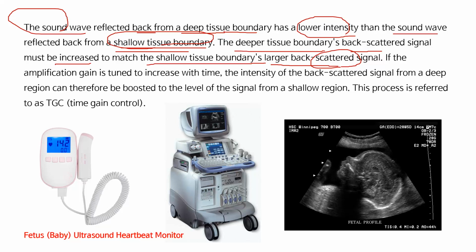If the amplification gain is tuned to increase with time, the intensity of the backscattered signal from the deep region can therefore be boosted to the level of the signal from the shallow region. This process is referred to as TGC, time gain control.